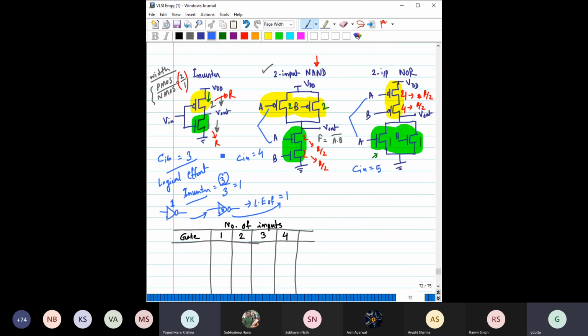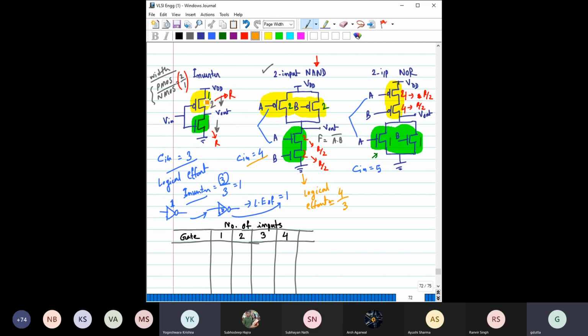Okay, now let us see for this case what would be the logical effort. Here the input capacitance we have already calculated as 4, so it is 4 by the input cap of this inverter, 3. Remember, if you scale it, make it 4, make it 4, then this NAND gate's driving capability is 2 times that of this unit inverter, right?